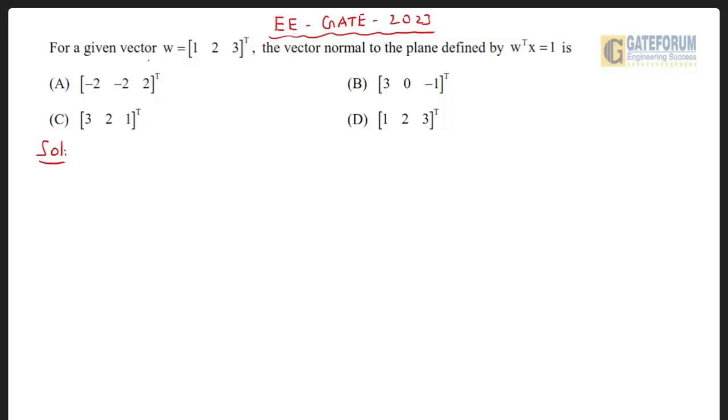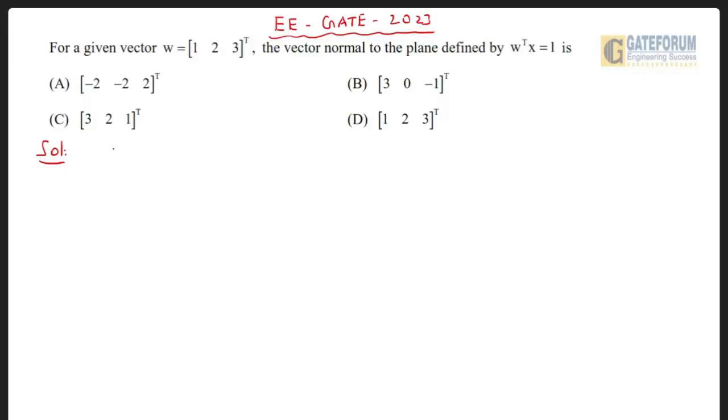So that's why 3D coordinates are given. Here W is given but the X value is not given. So you can take vector X equal to XYZ. So W transpose becomes a column vector. No, sorry, W is already a column vector, W transpose is a row vector.